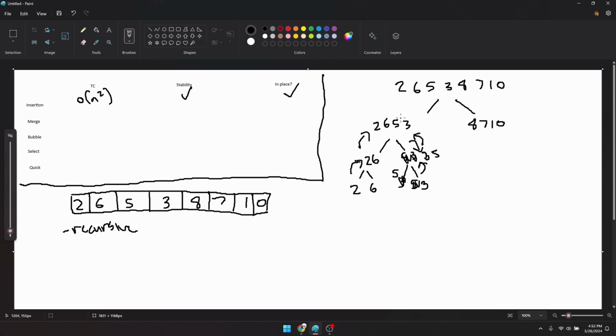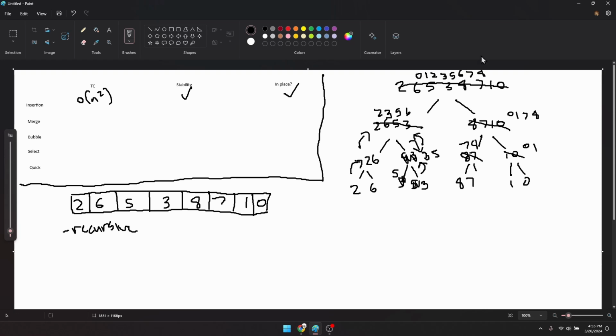Jump back up the stack once more. You'll have a sorted array of 2, 3, 5, and 6. Same thing for this side, 8, 7. And when you return back to your root element, you will have sorted the entire array.